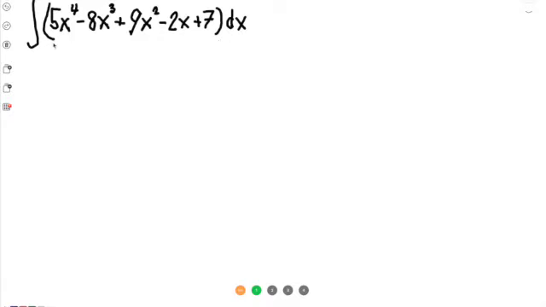So now let's start with the first function, which is 5x to the 4th. So that would be the integral of 5x to the 4th power dx.